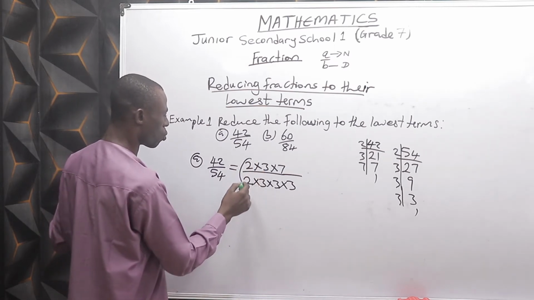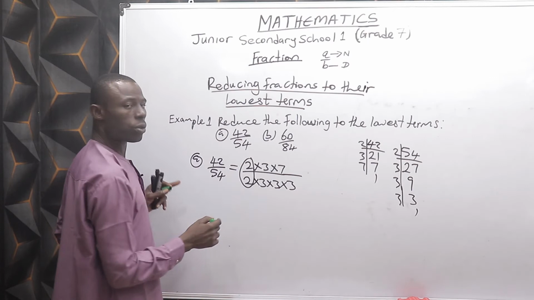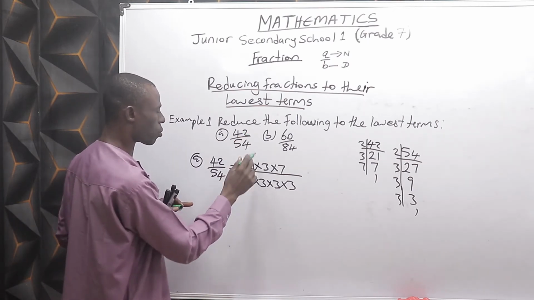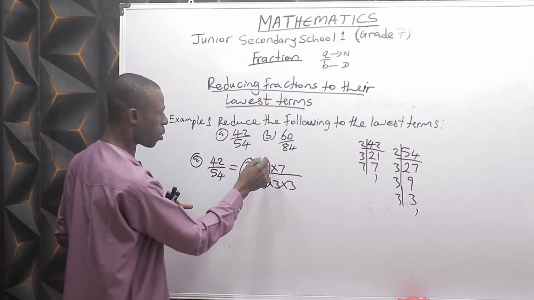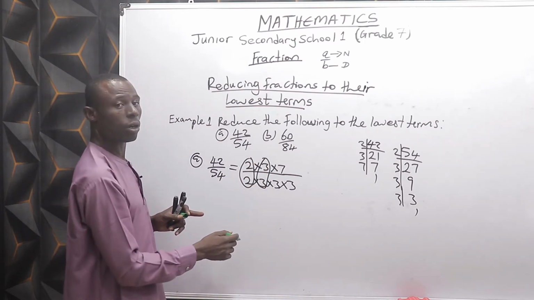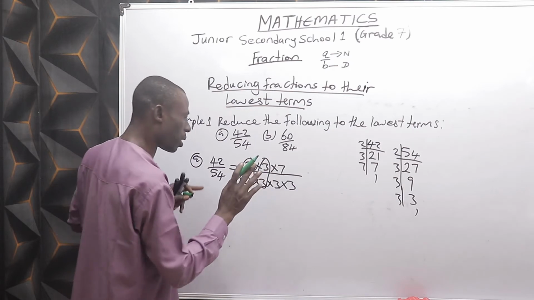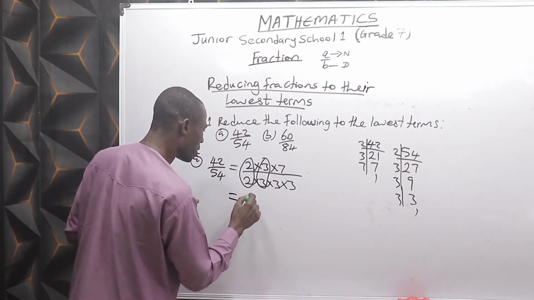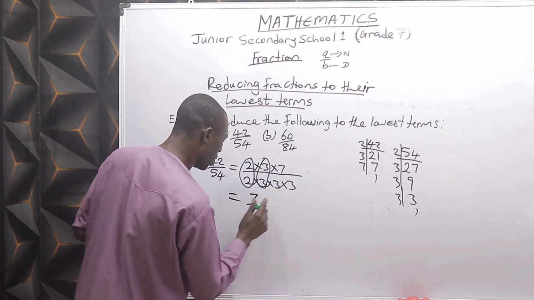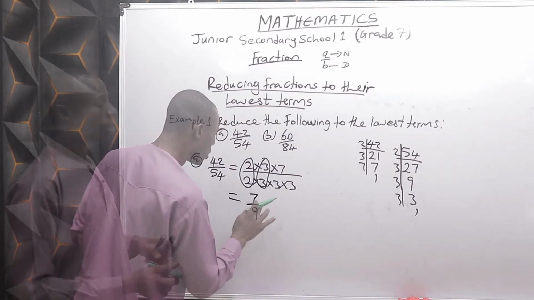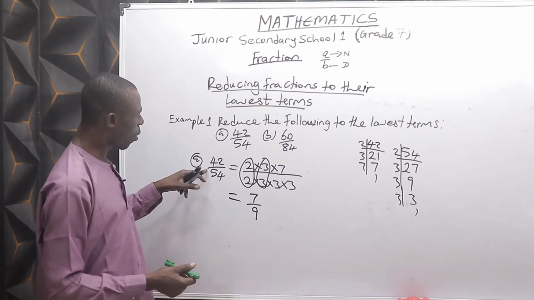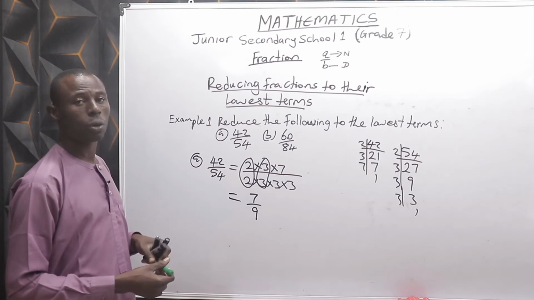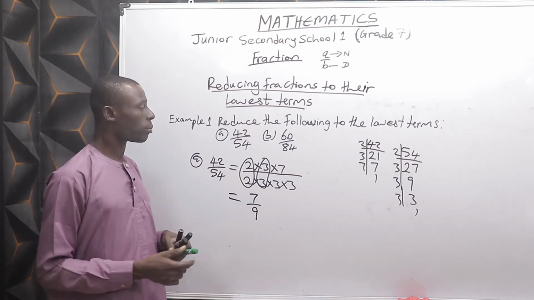So you see that 2 is common to both numerator and the denominator, and 2 will cancel 2. 3 is common to both numerator and the denominator. 3 cancels 3. Nothing is common to them again. So you will write 7 over 3 times 3, which is 9. So 7 over 9 is the answer of reducing 42 over 54 to its lowest term.